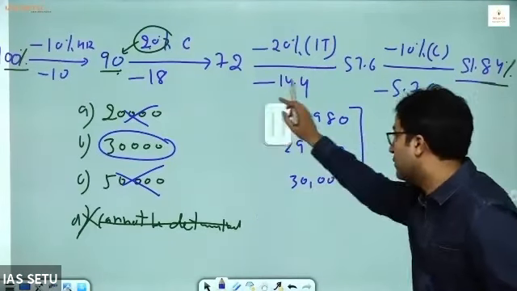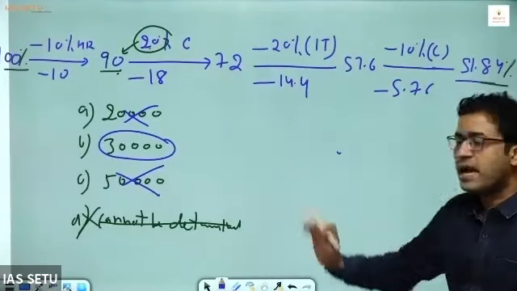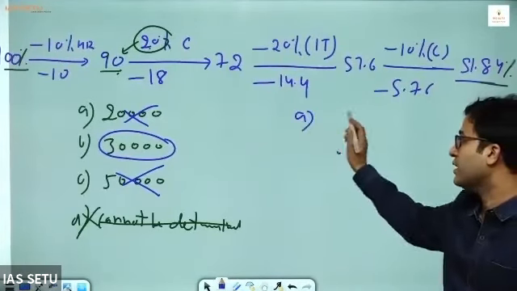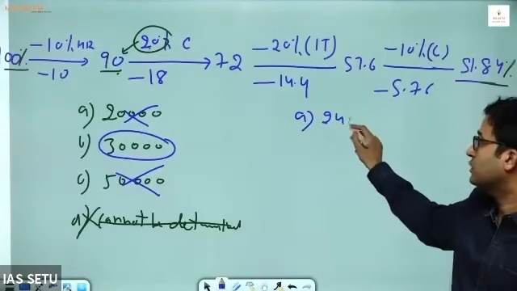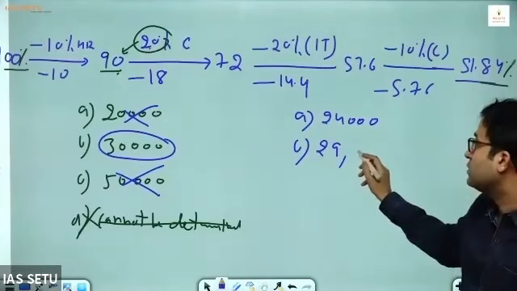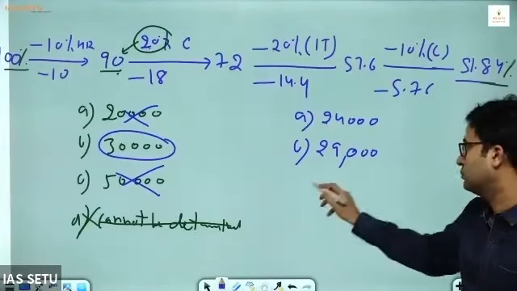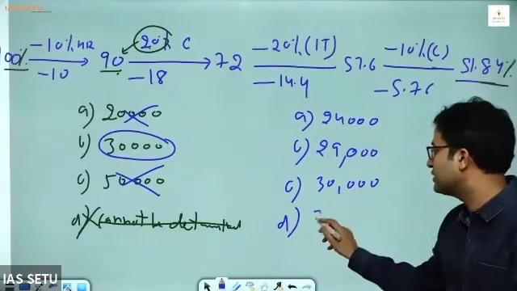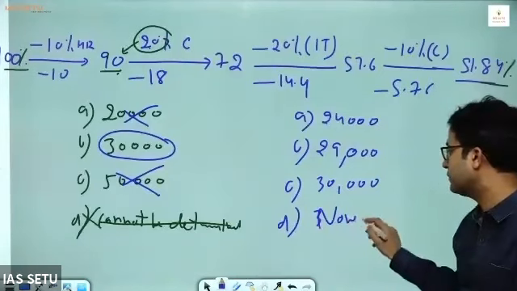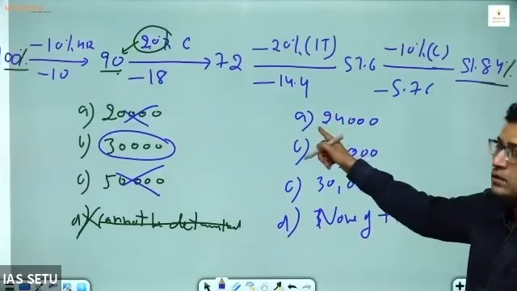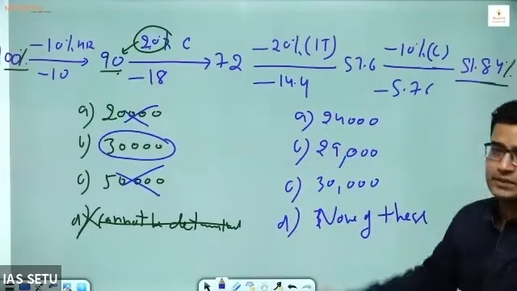One more thing. There is one enemy of approximation, which is called none of this. If answer options are given like 24,000, 29,000, 30,000, and answer option D is given none of this. None of this means none of ABC, other than ABC.